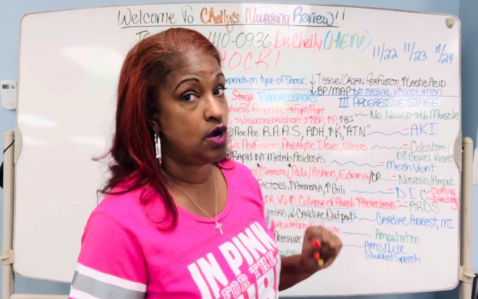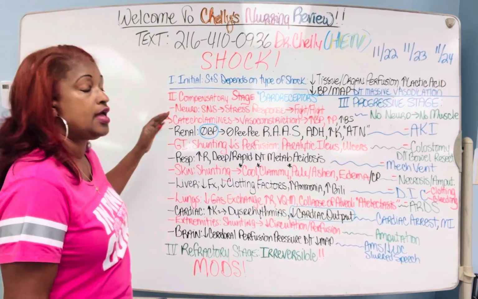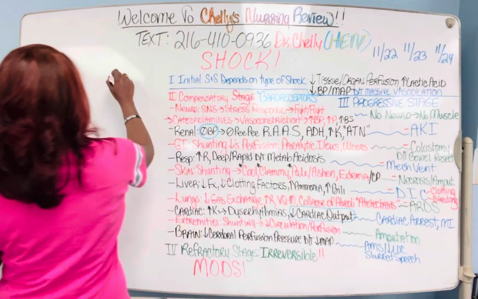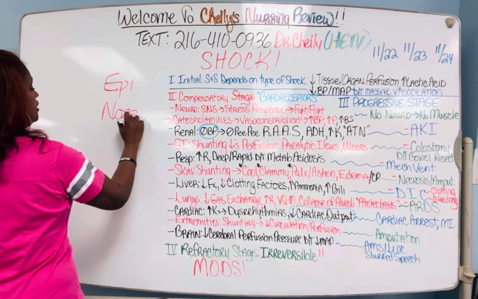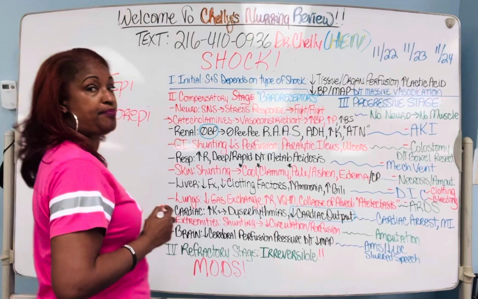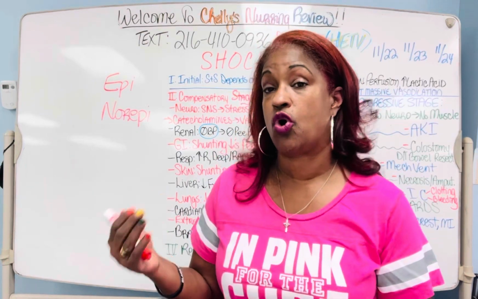If you've been in my class for longer than 2 seconds, you know there's a fancy word that starts with a C that is released in the body. This word is catecholamines. Catecholamines include epi and norepi, epinephrine and norepinephrine, which are also names for adrenaline.